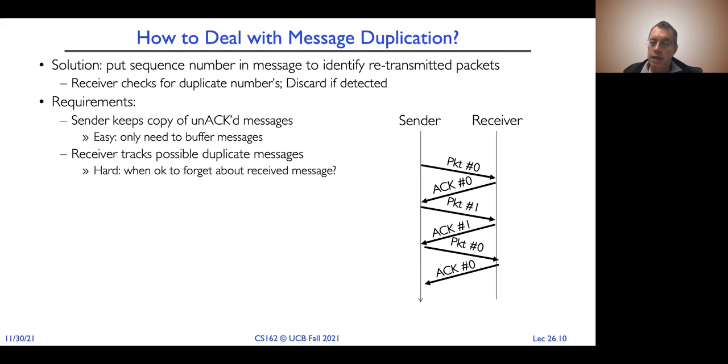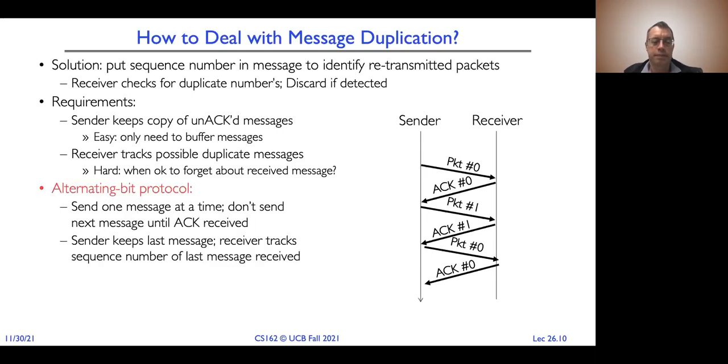If a packet is acknowledged, the sender can remove that packet from his buffer. And on the receiver side, I also keep track of the sequence numbers of the packets I got. So if I get a packet with a duplicate sequence number, I can drop it. Okay.